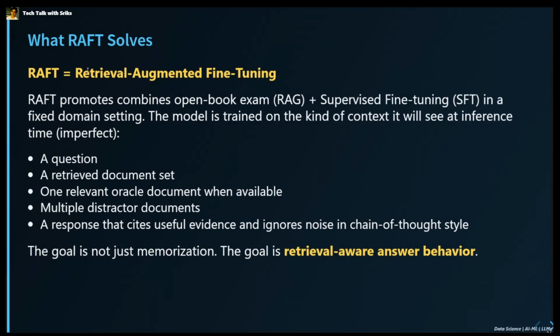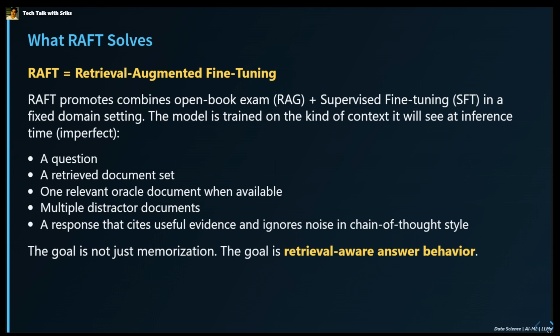So what does RAFT solve? Retrieval-Augmented Fine-Tuning extends the open book exam by combining two different approaches: the RAG-specific instruction fine-tuning, and also supervised fine-tuning in a fixed domain setting, which fundamentally means that every piece of data the model is going to see belongs to a particular domain. We're going to fine-tune a model to look at the context and answer the query, and at the same time, the model weights get updated during this fine-tuning process so that it can also memorize the information.